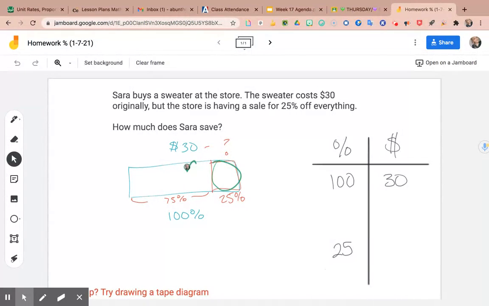Then I have 25, 25, 25, right? So I can break these into each 25% pieces. So I have 25 plus 25 plus 25 plus 25. That makes 100. So if you're wondering where I got these numbers from, my picture has to add up to 100. I'm trying to find 25%.